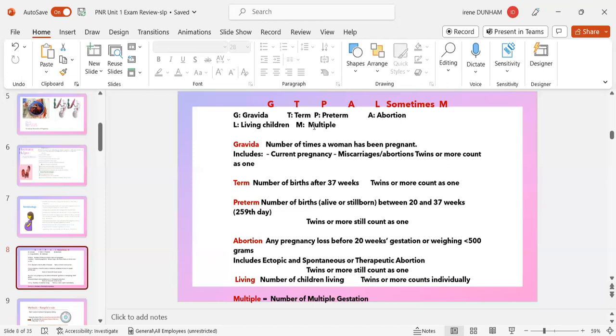So here, what I was trying to get at before was that twins or more count individually. This is where you give her credit for how many living children she has. And then the M will be the number of multiple gestations. Sometimes we use that and sometimes we don't. This is a pretty important slide because you probably have a question on that.